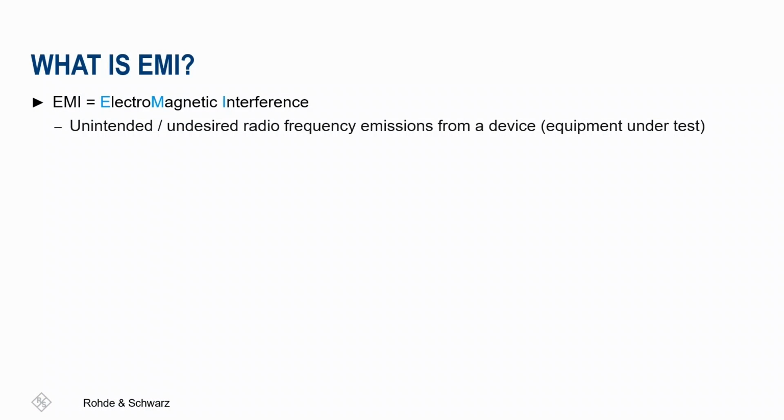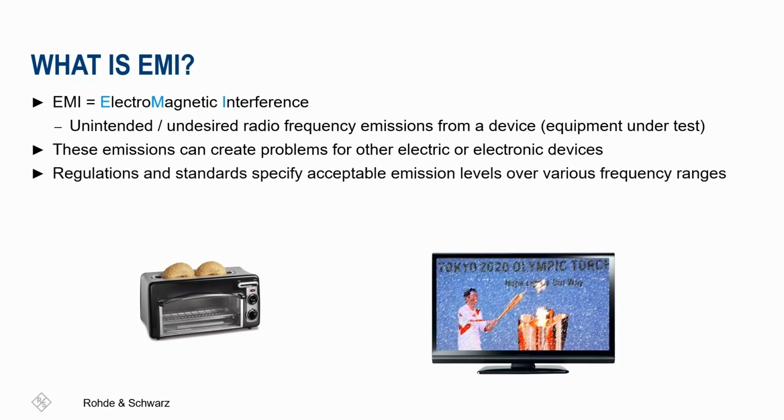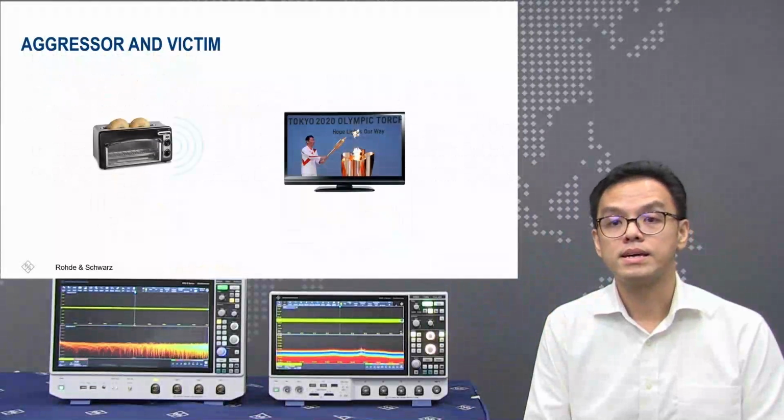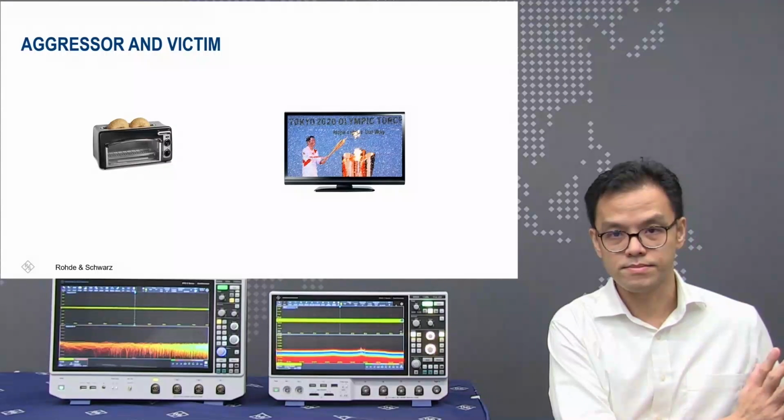Electromagnetic interference, or EMI, is typically unintentional but can emit signals that potentially disrupt other electronic devices. To mitigate this, regulations are in place to prevent or at the very least limit such interference. In this context, we have the aggressor and the victim.